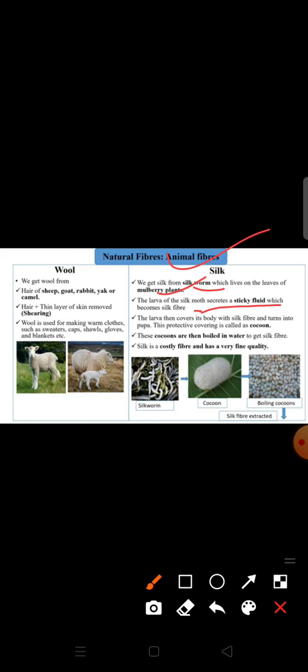The larva then covers its body with silk fiber and turns into a pupa, and this protective covering is known as cocoon.